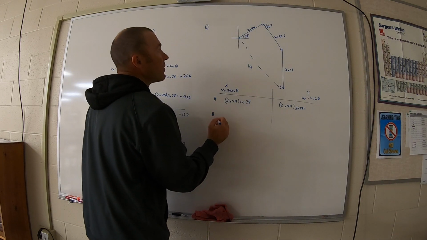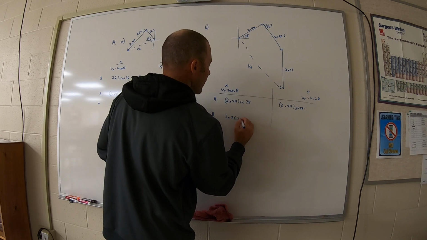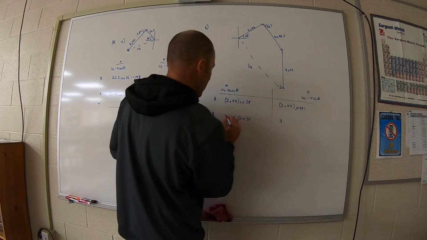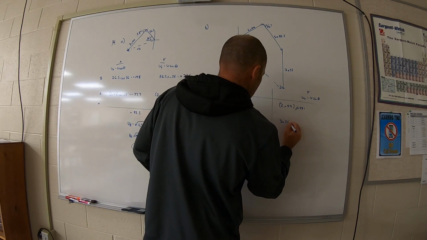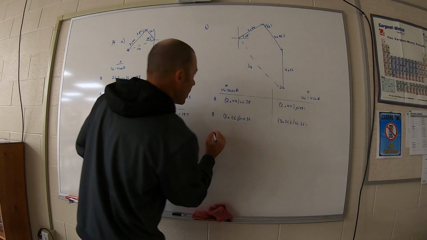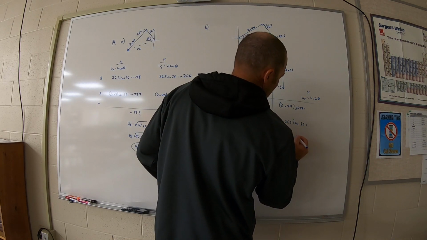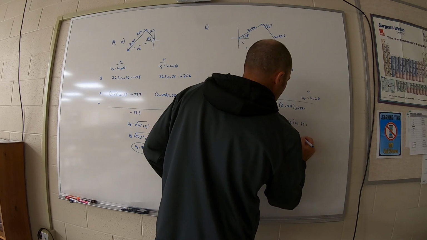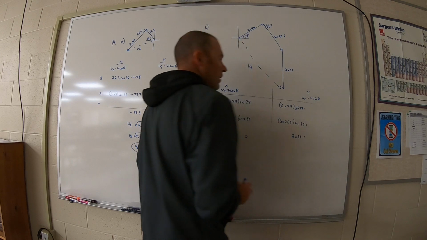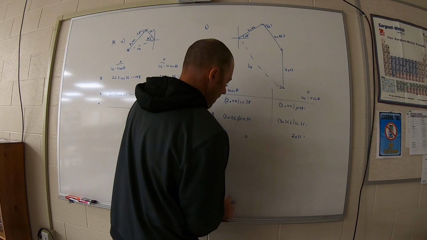Then for B, we have 3 times 26.5 times the cosine of 56. 3 times 26.5 times the sine of 56. And then for C, we have 0 in the x, and then 2 times 31 in the y, because it's going at 90 degrees.